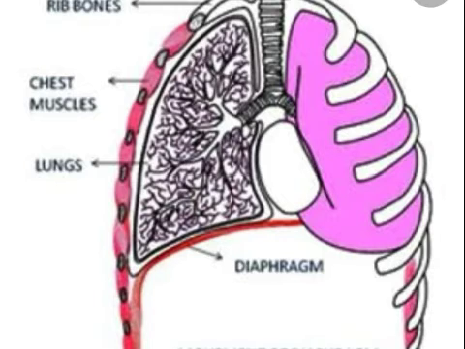Already we know the pathway of air: the trachea divides into bronchi, and the bronchi into bronchioles. Basically, the lungs are divided into the right lung and the left lung. The left lung is smaller compared to the right lung due to the space for the heart.